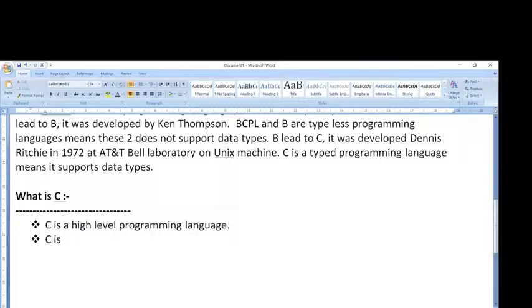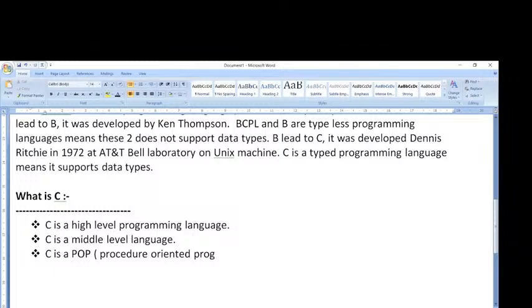C is a POP. POP means procedure oriented programming language. C is a POP language, meaning procedure oriented programming language. The meaning of this is that it gives more priority to procedure. It gives less priority to data.